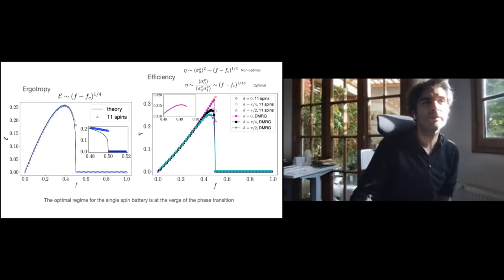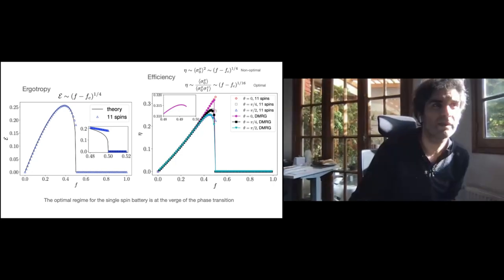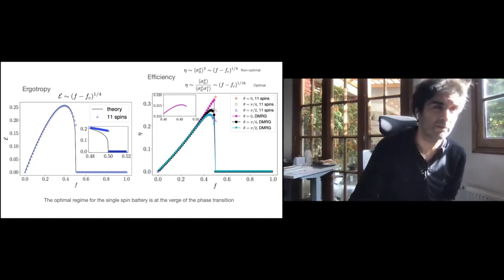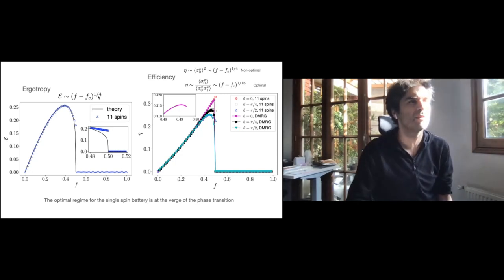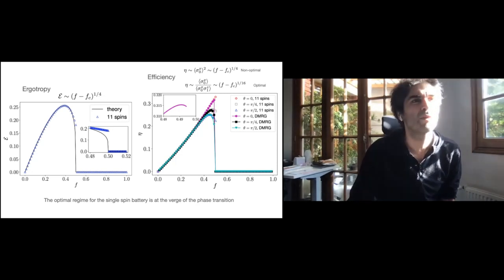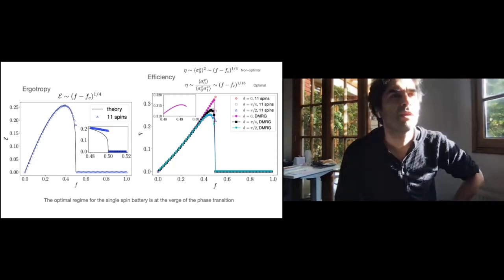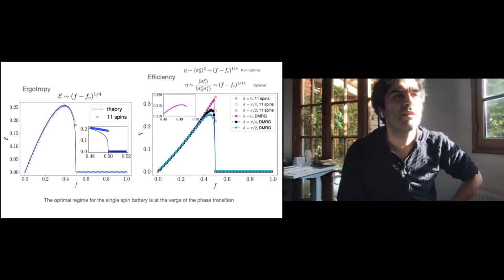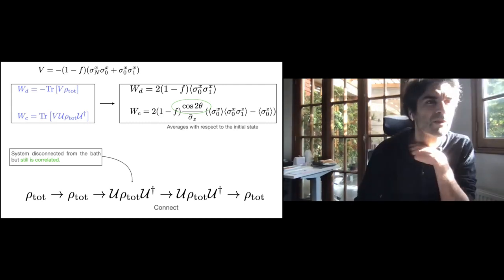In the non-optimal case, we are quite sure that the critical behavior is like the ergotropy, with this power 1/4. In the optimal case, as I said, we have to resort to a numerical evaluation for these correlation functions here.